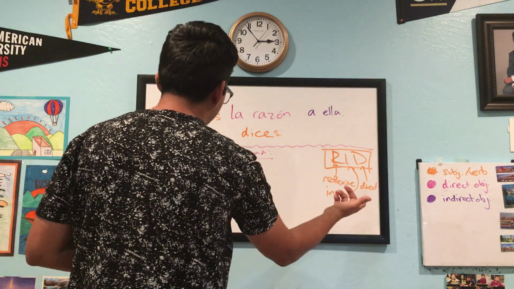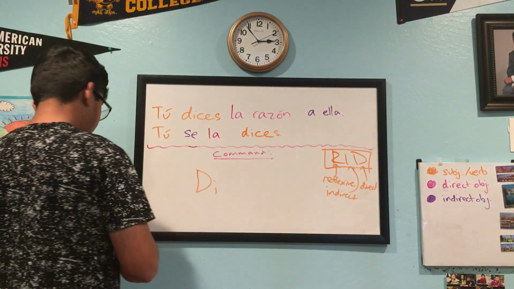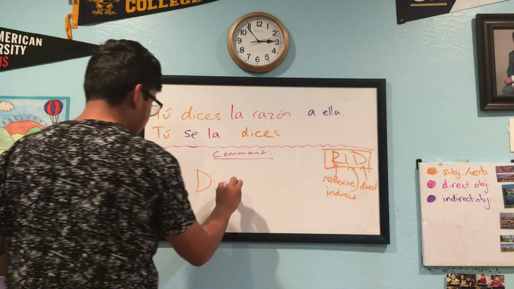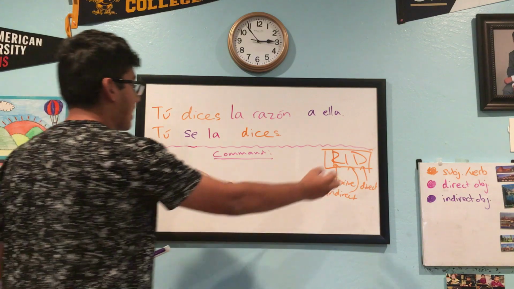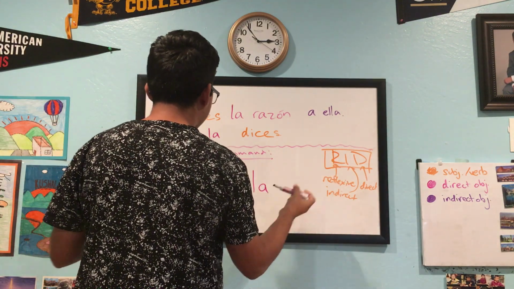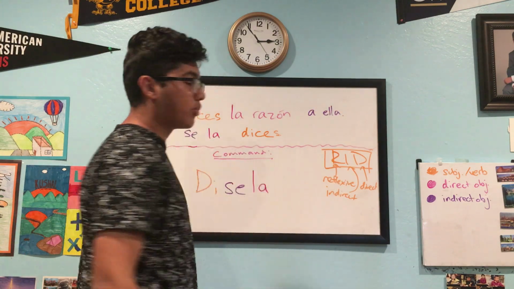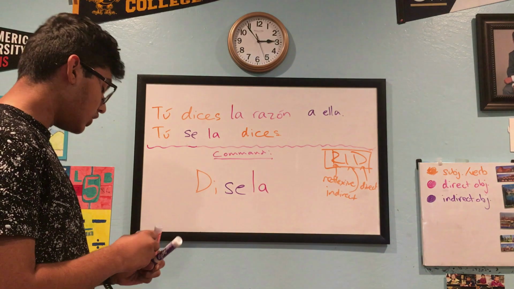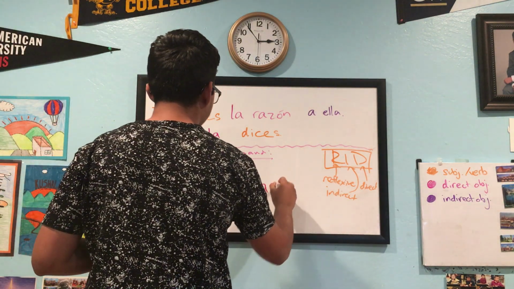We don't have any reflexive pronouns, but we do have an indirect pronoun. We have se. So we'll put a se, in purple. And finally, we'll have the direct object pronoun. So it's la. As you can see, I'm just combining everything, smushing it all into one word, which will be our command. So our command is disela.